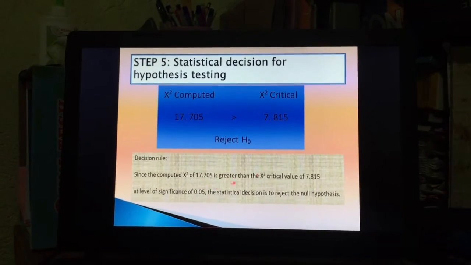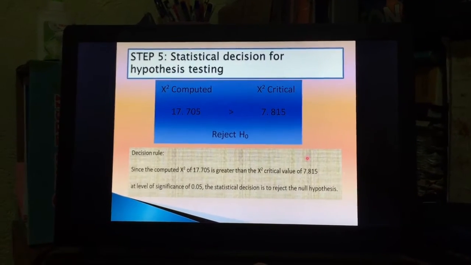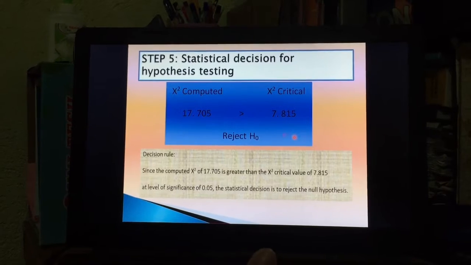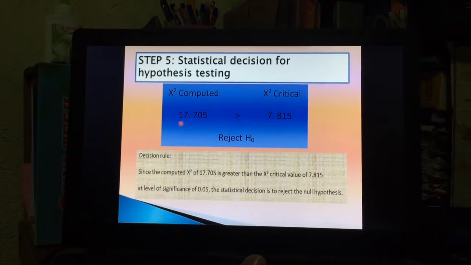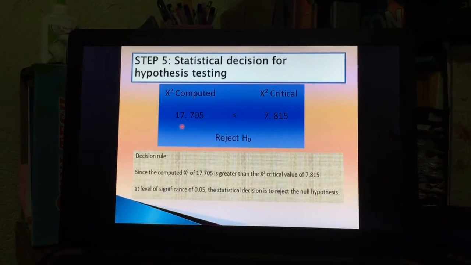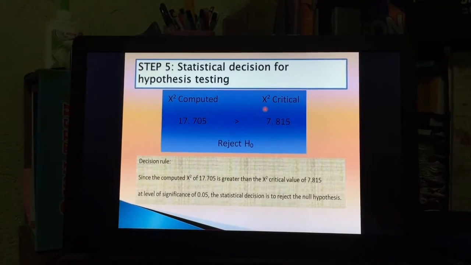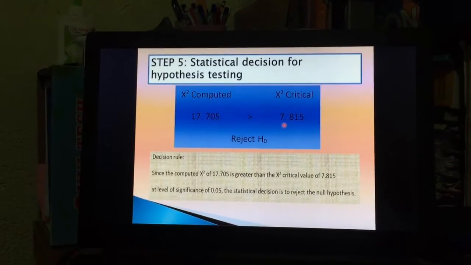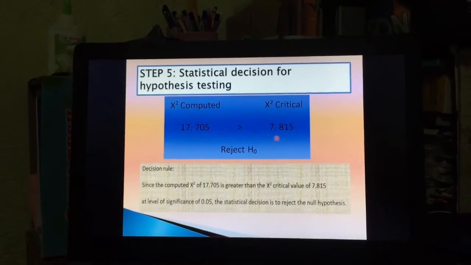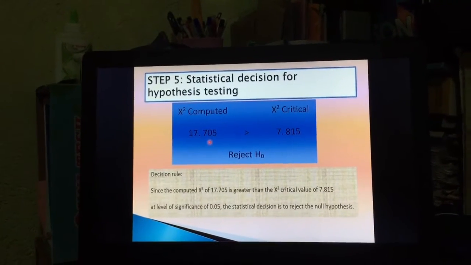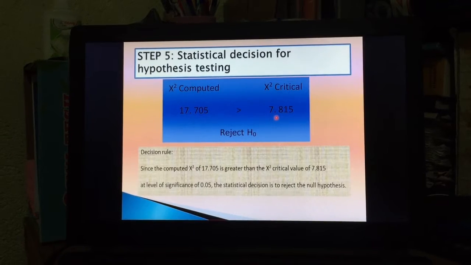Step number 5. Statistical decision for hypothesis testing. Our chi-square computed is equal to 17.705, which is compared to our chi-square critical, which is equal to 7.815. As you can see, chi-square computed is greater than chi-square critical.